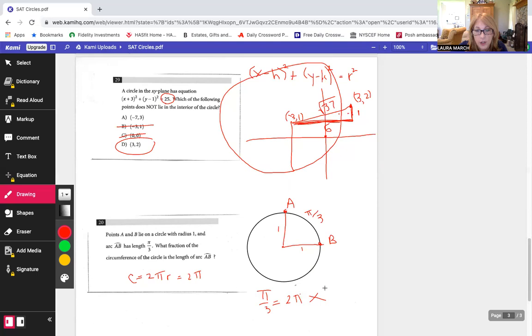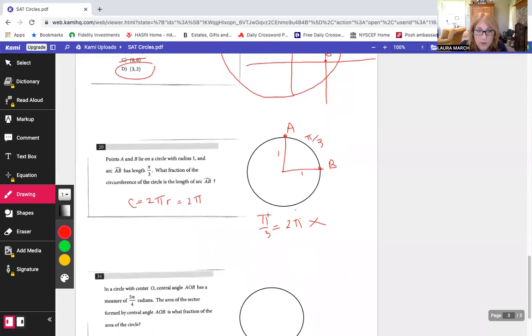X, for what fraction? I can divide both sides by pi, and I get 1 over 3 equals 2x. And to solve for x, I would multiply both sides by a half, and x is 1/6.